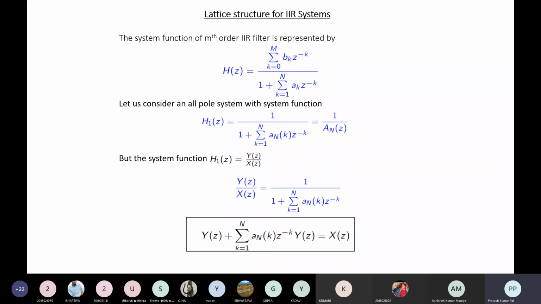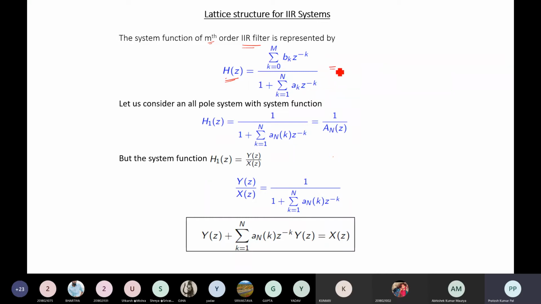So here the mth order is there. For mth order, the transfer function of an IIR filter is given by H of z, equal to the numerator function with k ranging from 0 to m, that is, m order for the numerator. Similarly, n order is there in case of the denominator.